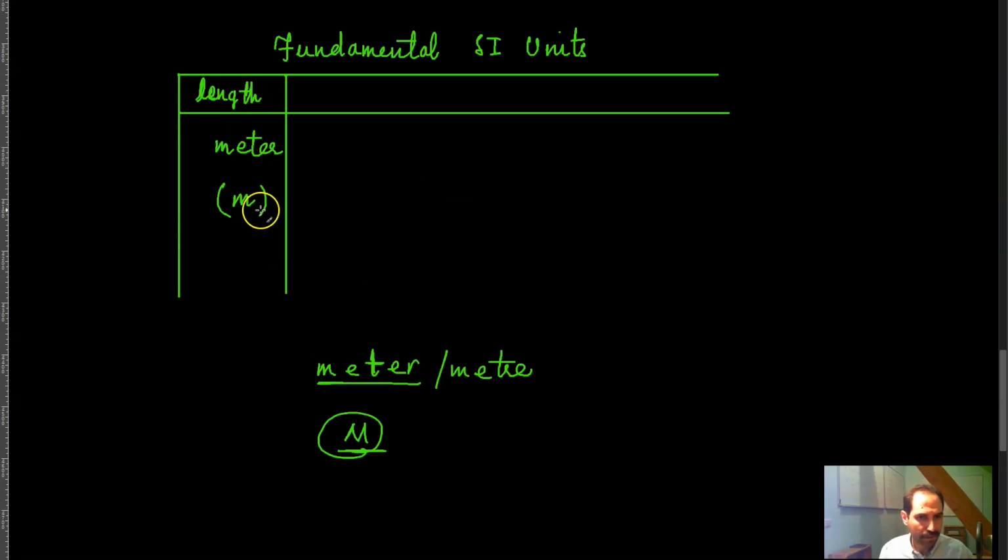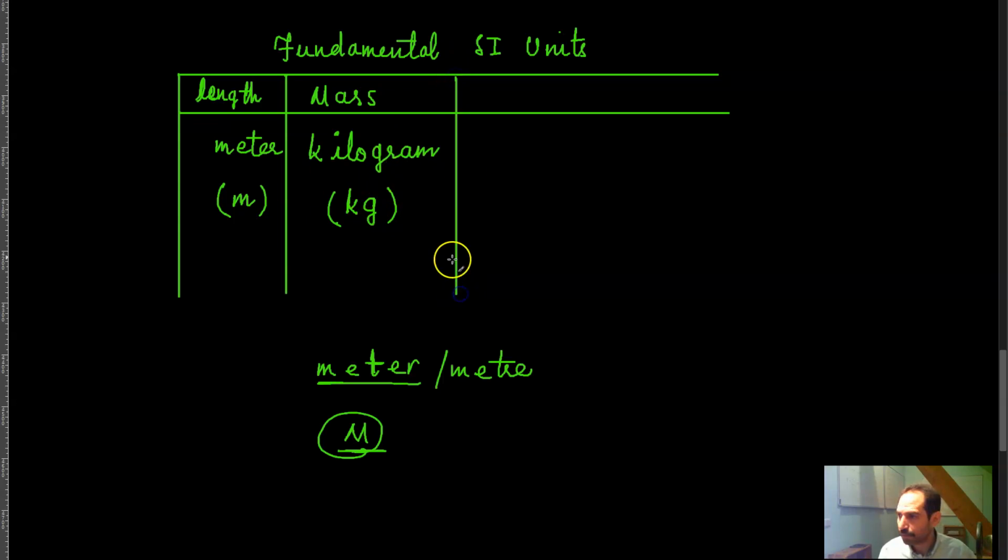Now, talking about mass, the name of the unit is the kilogram, all one word, no spaces. The symbol for the unit is kg, lowercase k, lowercase g.